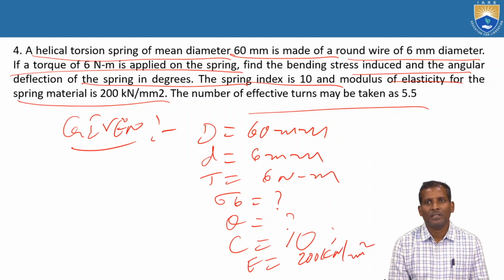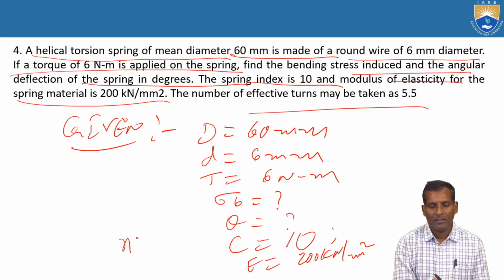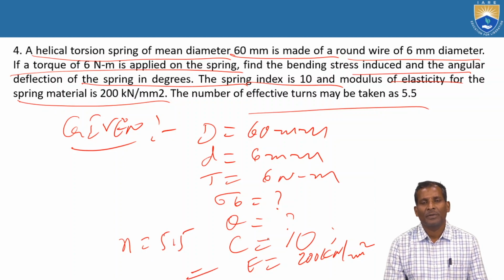The number of active turns n is 5.5 given. Now we will see how to solve the given problem.